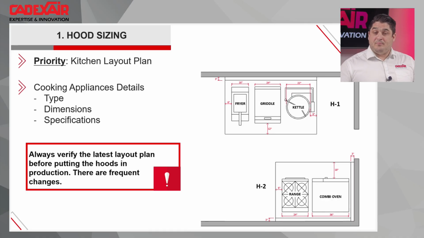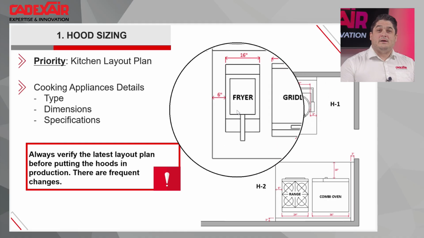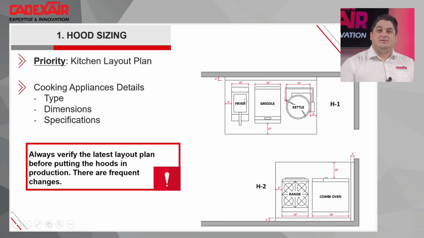So if you take your example right away, how we will design the kitchen exhaust hood is pretty easy. Normally, when you have a wall type hood, like the hood H1 on the top, we will have a 6-inch overhang of the kitchen equipment on each side and 12 inches in the front.